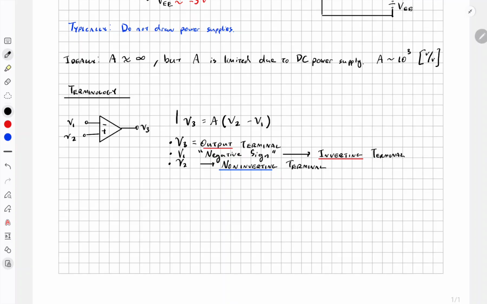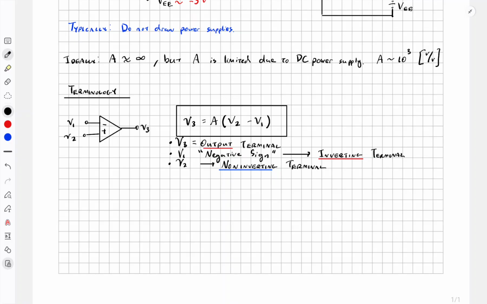So let's expand on this equation a little bit more. There are two very important aspects of the op-amp that are why the op-amp is so powerful.